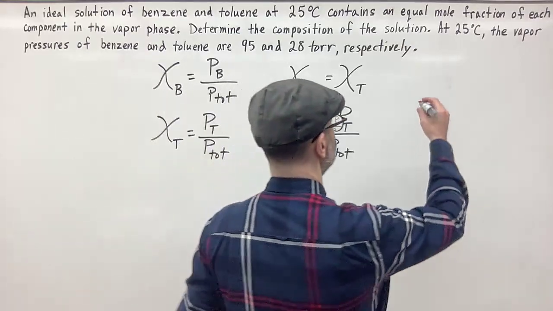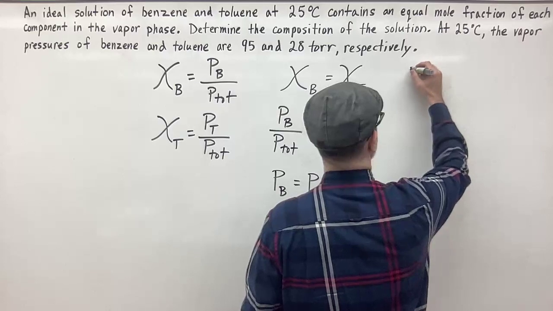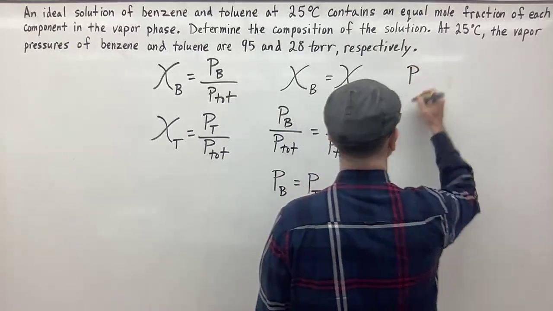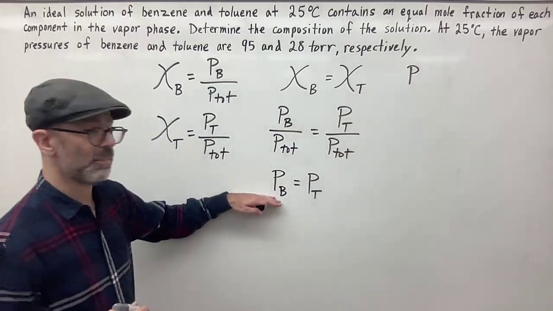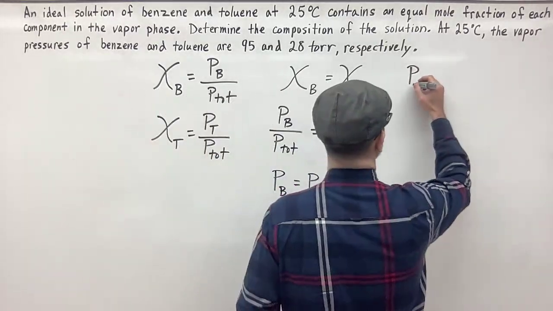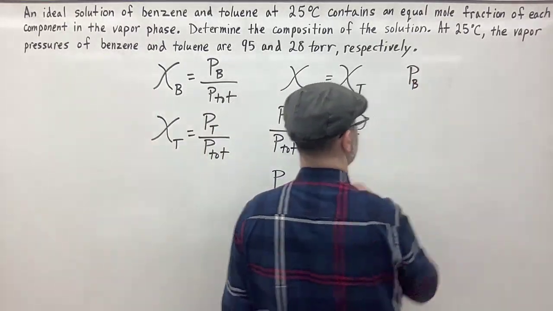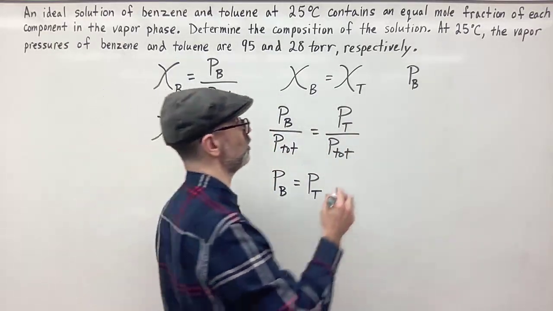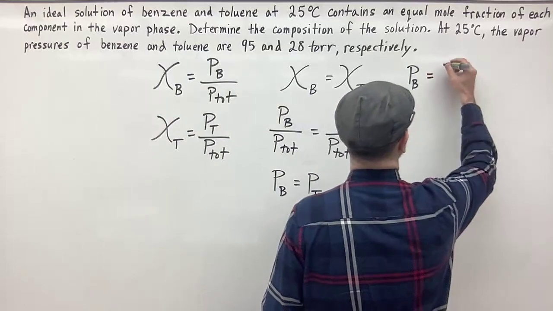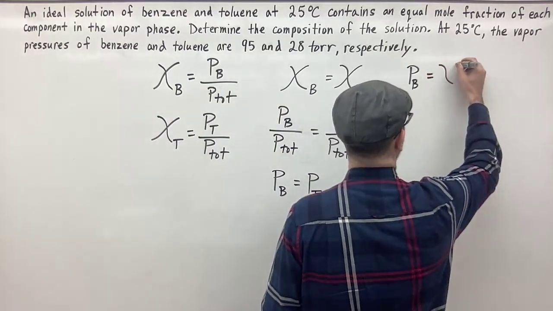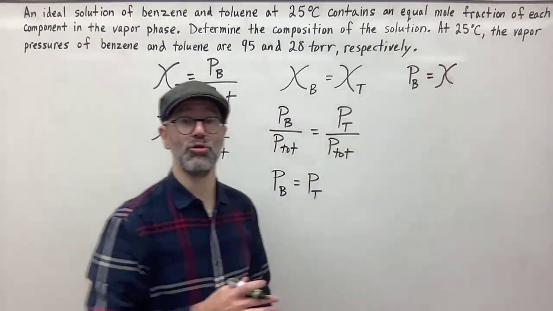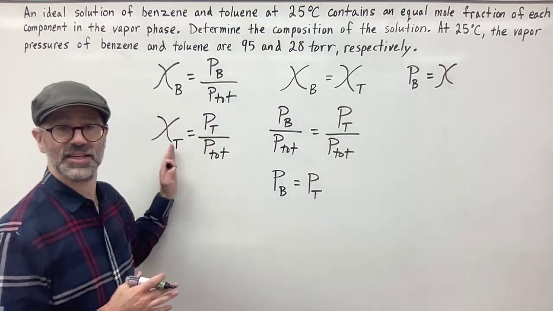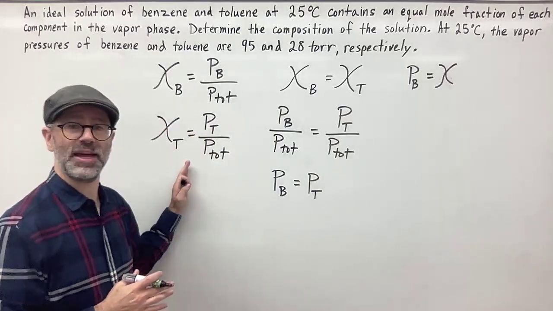Raoult's law basically says that the partial pressure of a substance, let's say benzene, the vapor pressure of benzene or some substance, is going to be equal to the mole fraction in solution. This is a different mole fraction now. This is not the mole fraction in the vapor phase.